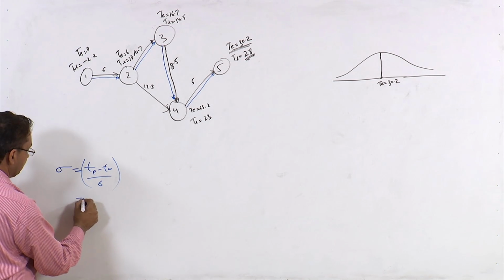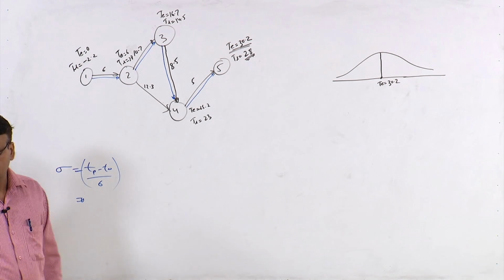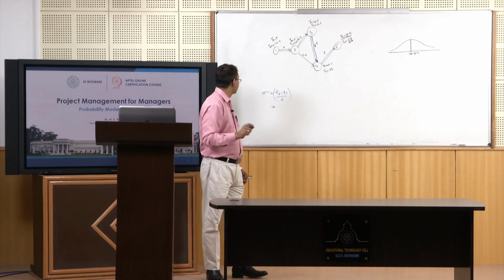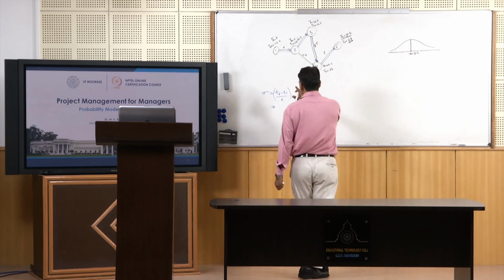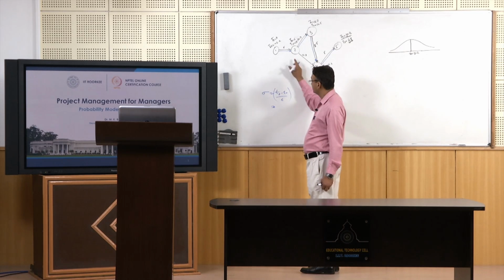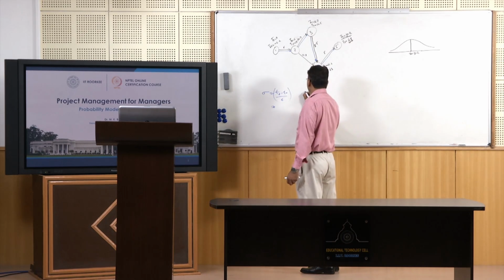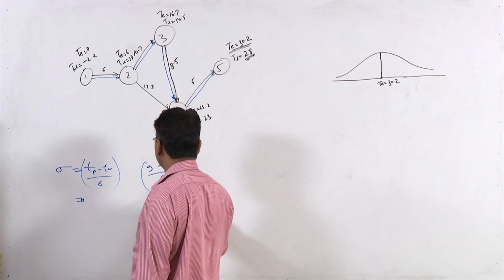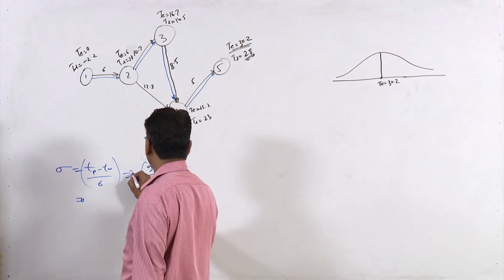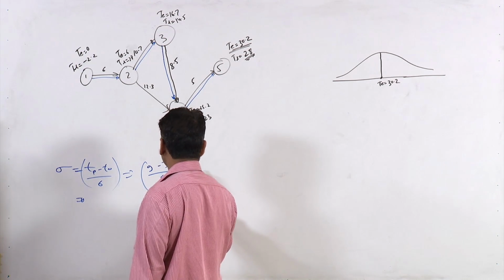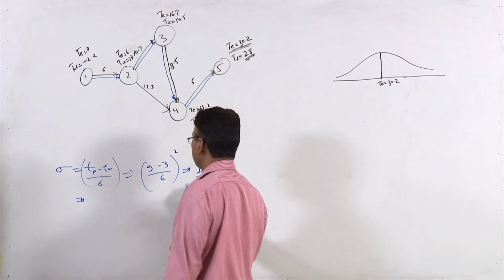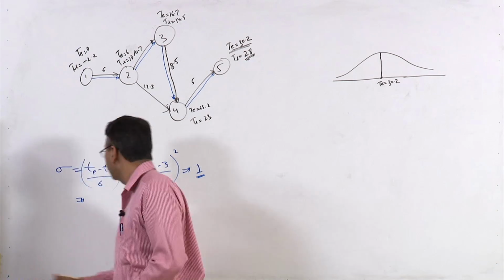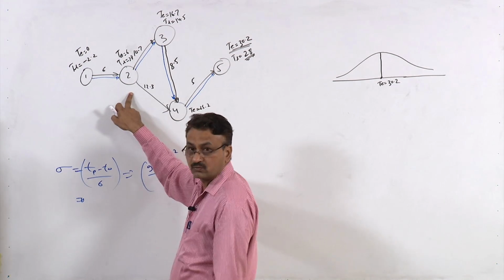For activity 1, 2, we have got all three time estimates: 3, 6, 9. So 9 minus 3 divided by 6, and if you want variance, you will get 1. So variance is 1 for activity 1, 2.